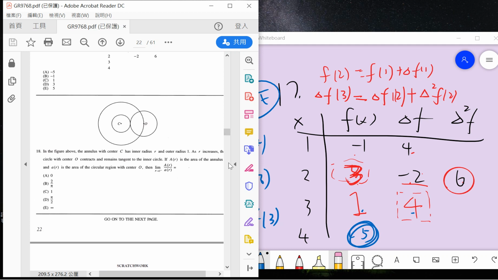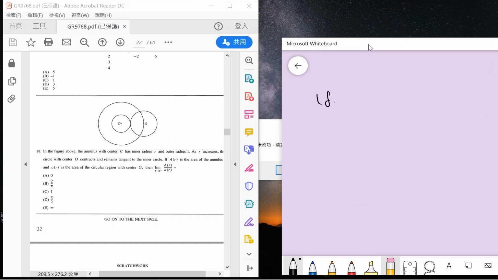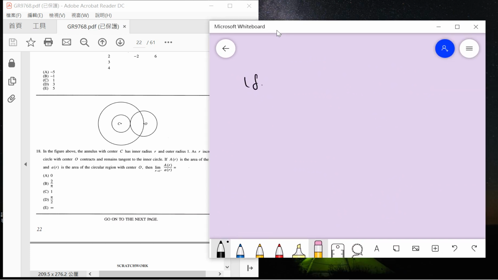Okay, so 18. Let me plot this. It's a very good plot. I plot a circle C, and another circle which is here.